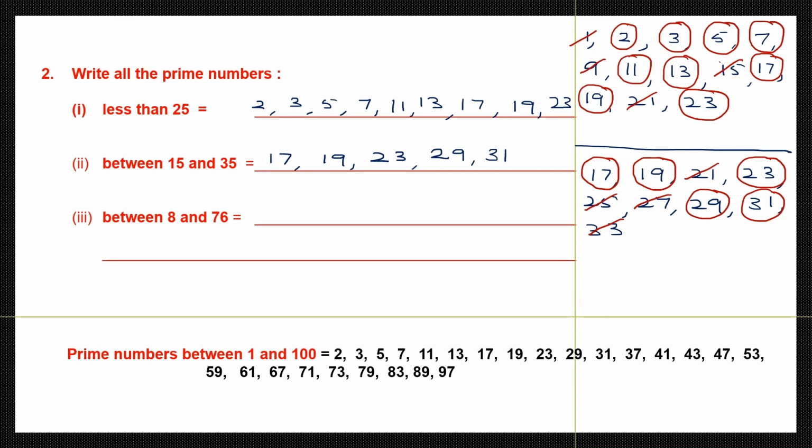So between 8 and 76, we're going to start from here. After 7, up to 76, so before 79.